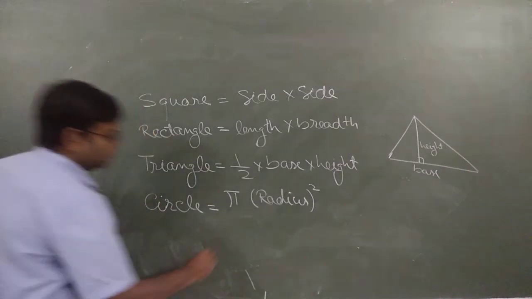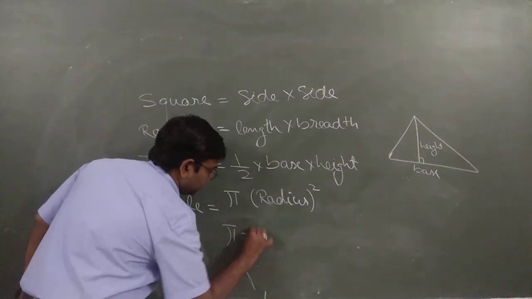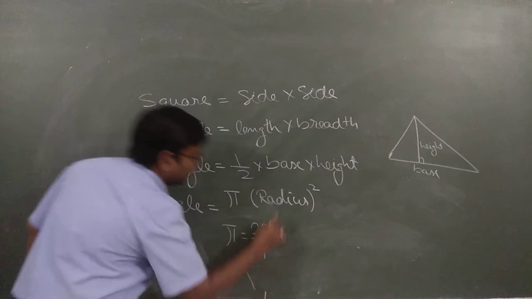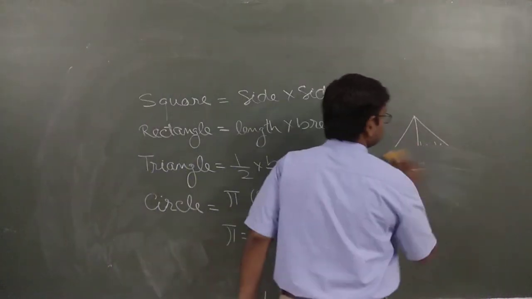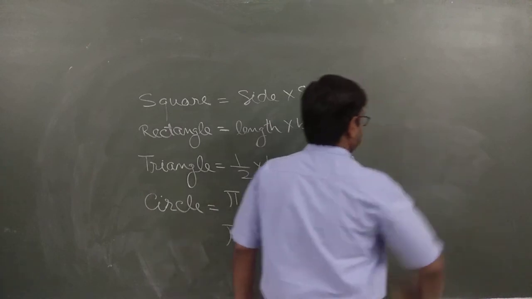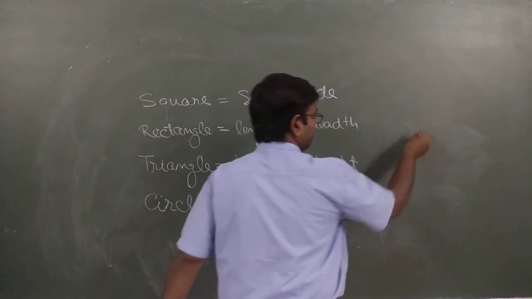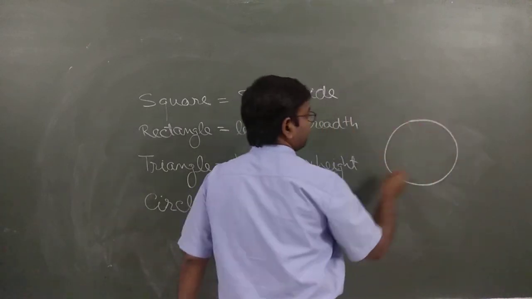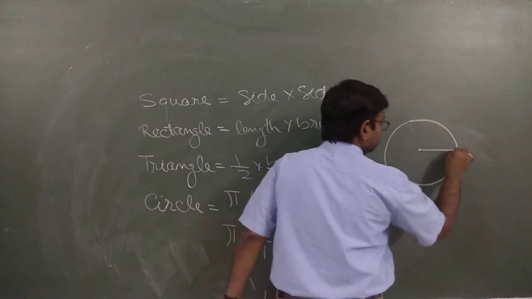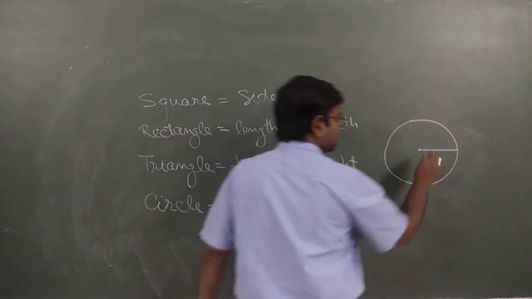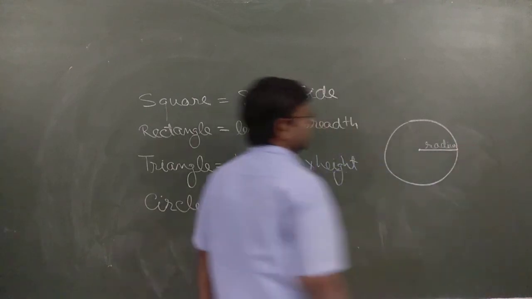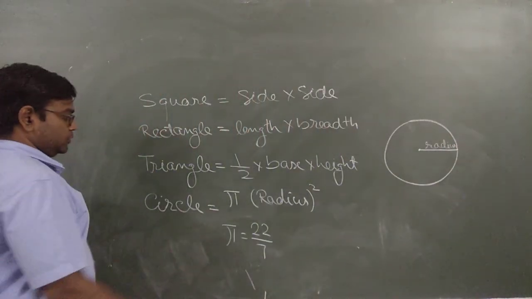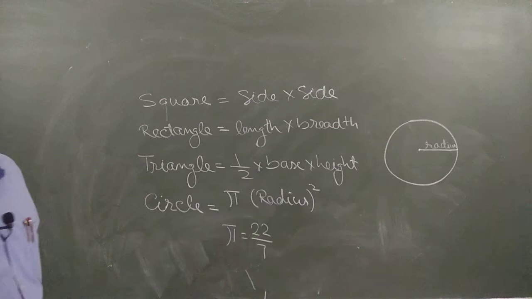Always remember that the value of pi is equal to 22 upon 7. And radius means what? If we draw a circle, this is the center and this is the radius. Half of the diameter is known as your radius. So this is about circle.